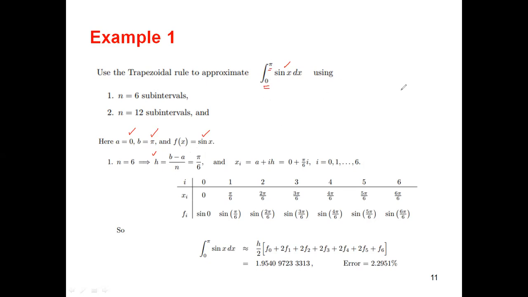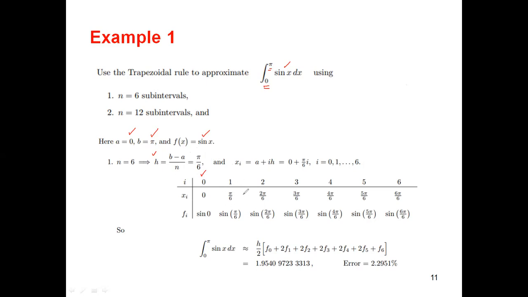What do I mean by that? For the first, this is division 0. Your x would be, of course, 0, the lower limit. The next would be for your f of x sub 1: from the 0 here, x sub 0, you will add pi over 6.